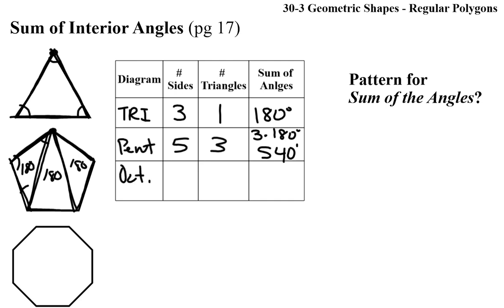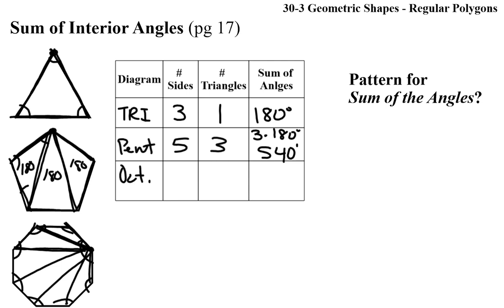So we have the octagon, pick one of the vertices, and connect it to every other vertex. And when I connect one vertex to all the other vertices, what do we end up with? We end up with a whole bunch of triangles. And again, all the angles in the individual triangles really are the total.